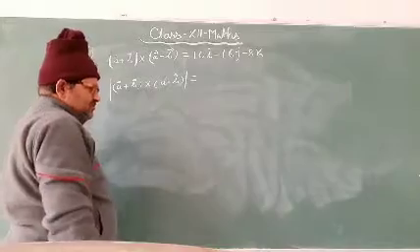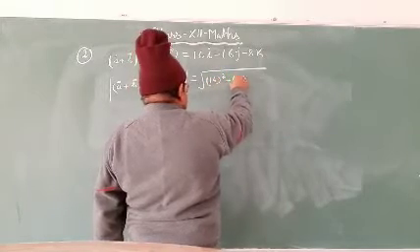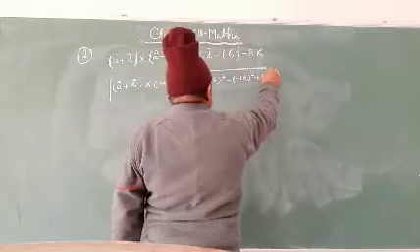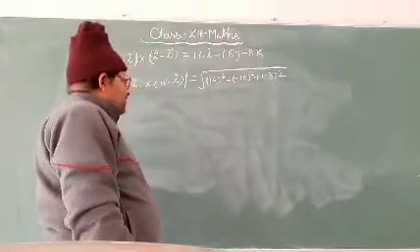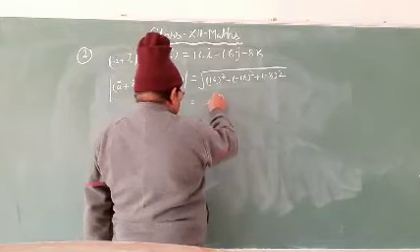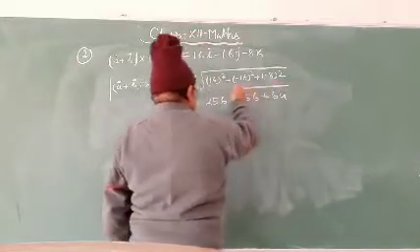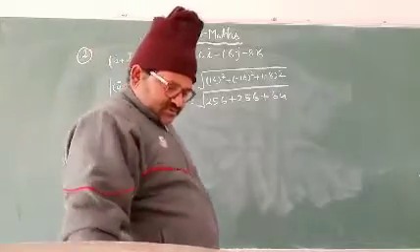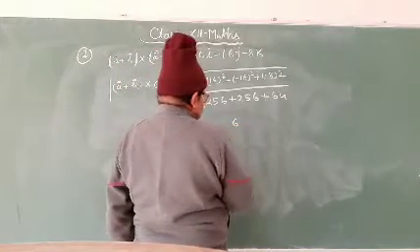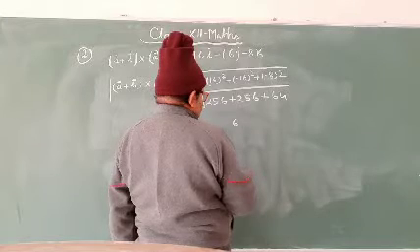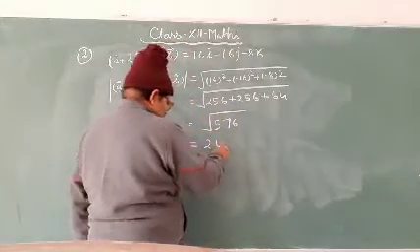It is equal to under root 16 square plus (minus 16) square plus (minus 8) square, which is 256 plus 256 plus 64 plus 64, which is 576, and that is equal to 24.